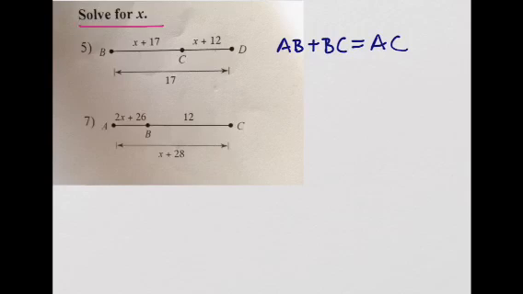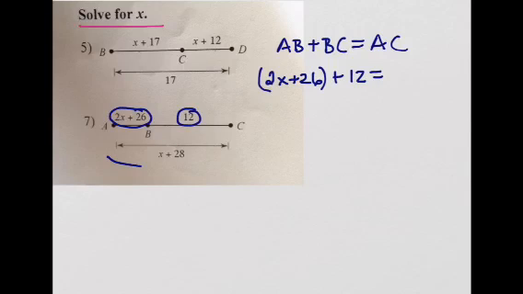And now we substitute. The distance between A and B is 2x plus 26, which is this one right here, plus BC. BC is 12, and it equals AC. AC is from here to here, and that's x plus 28.